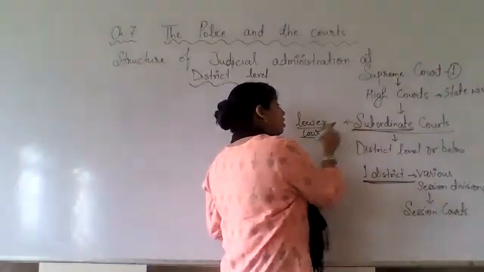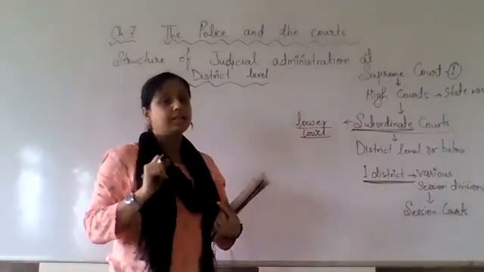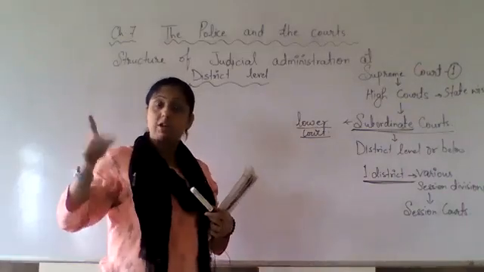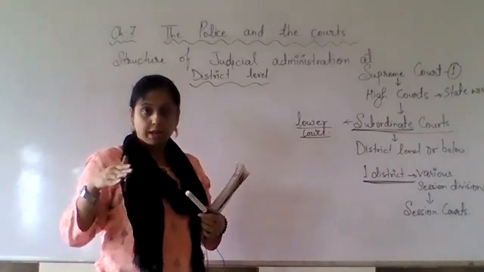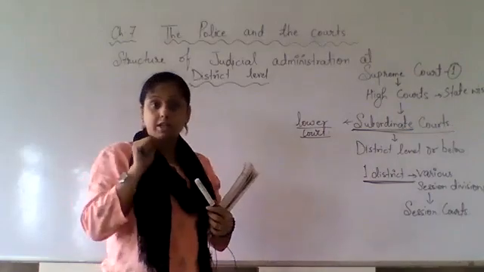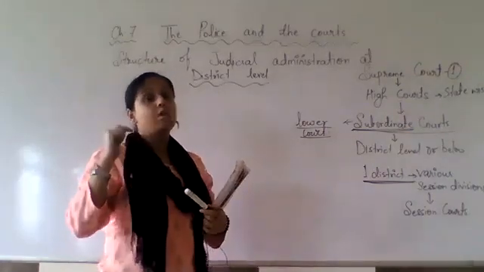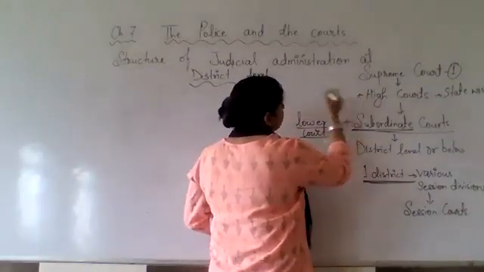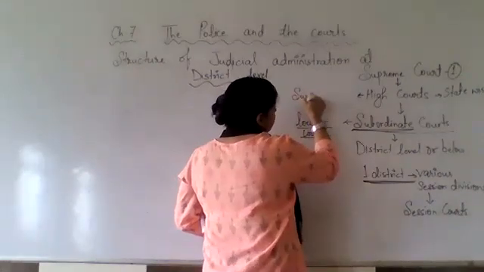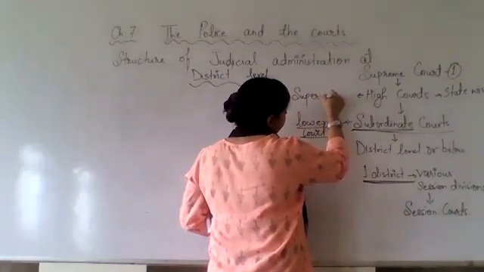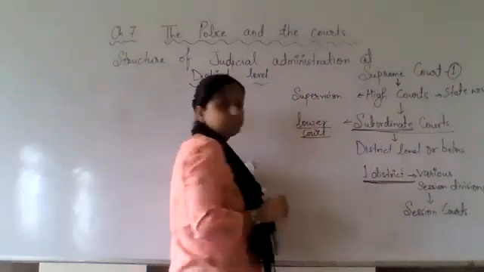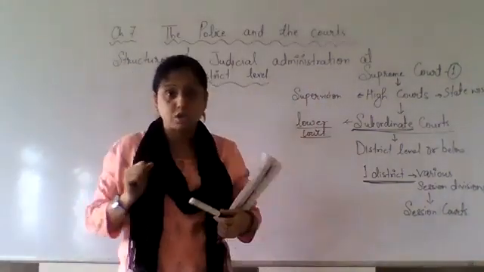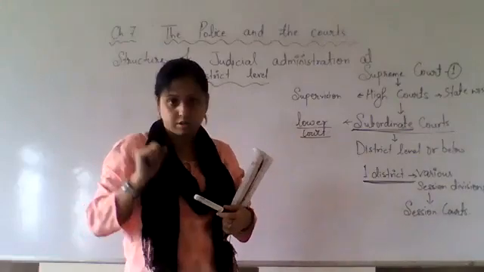The subordinate courts are the courts on the district level or below. They are called subordinate courts because they work under the supervision of the High Court, which oversees the functioning of the subordinate courts.